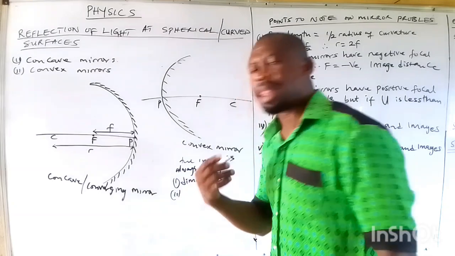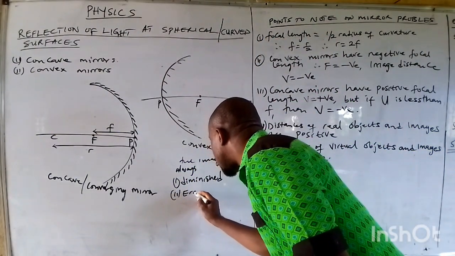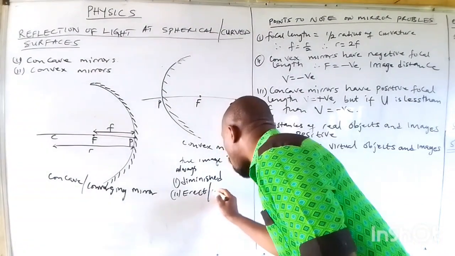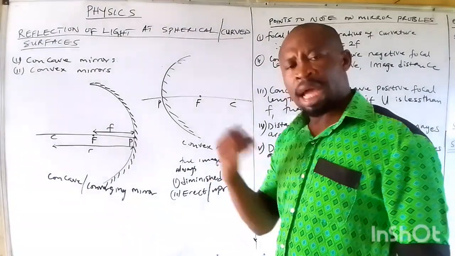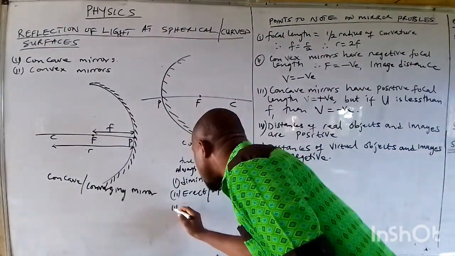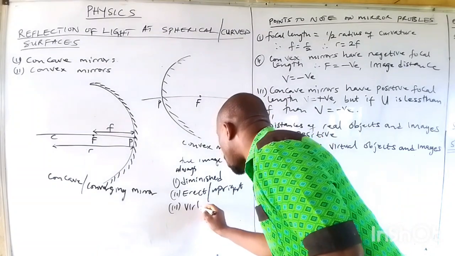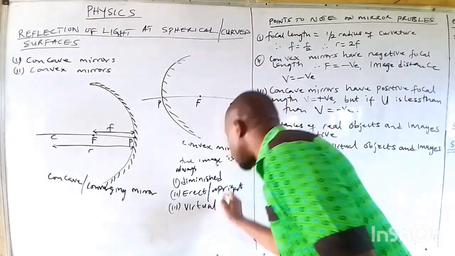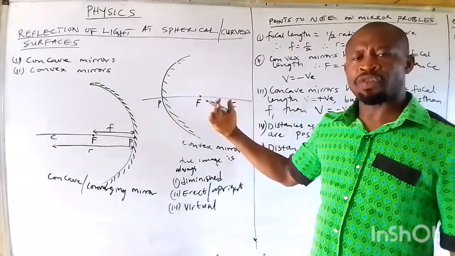Two, the image is always erect, either you say it is erect or upright. Thirdly, the image is always virtual. It is virtual because it is formed at the back of the mirror.